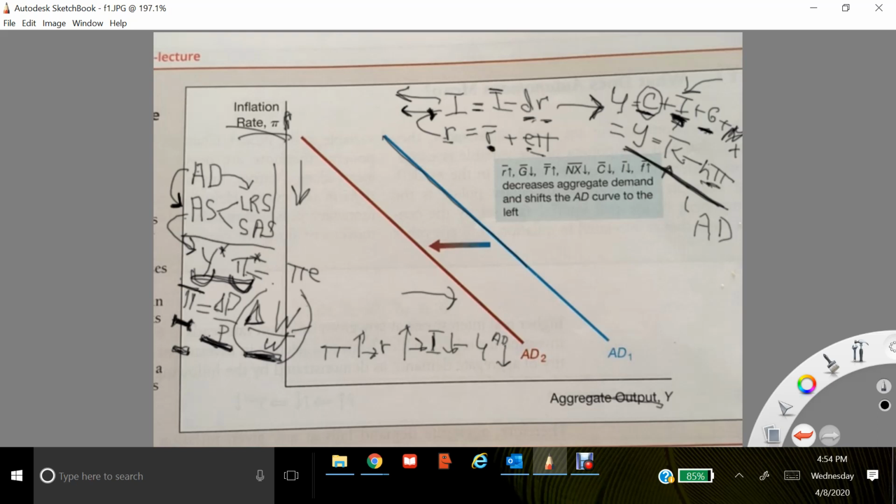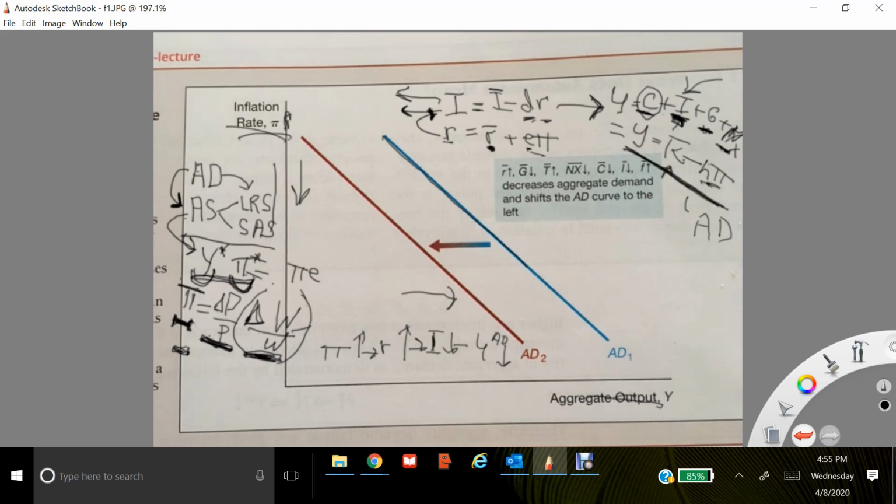When I say real, that means not in today's dollar terms, but in constant dollar terms. And then exports, there would be a certain component that doesn't depend on interest rates, okay?